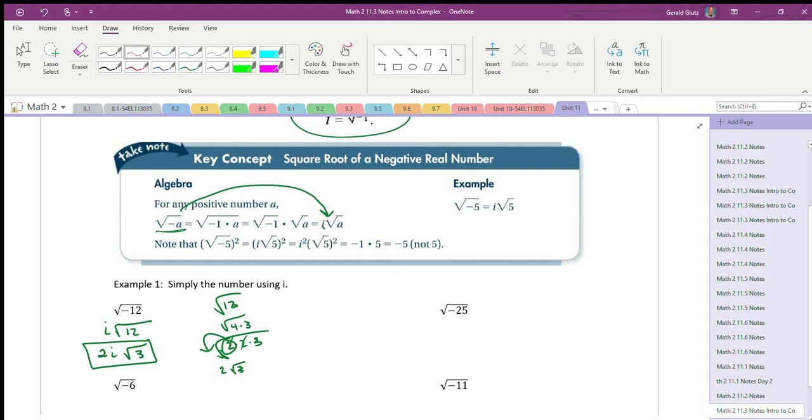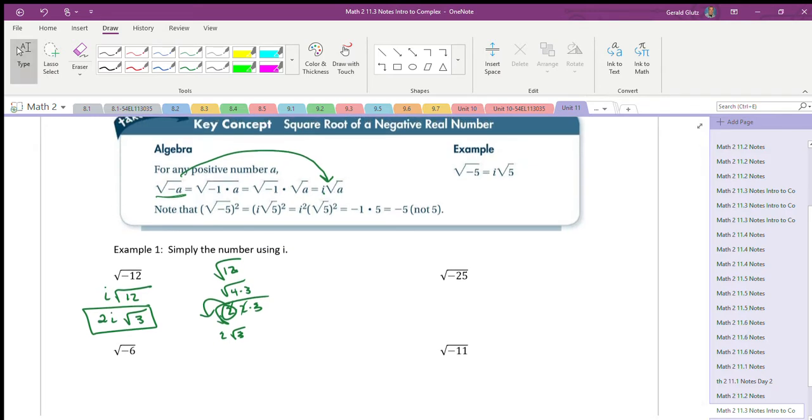That's how you deal with negative numbers. I know this probably doesn't make a ton of sense yet, so let's do some more examples. If I have the square root of -25, to get rid of that negative, multiply times i, and then I have i times the square root of 25. The square root of 25 is 5, so our answer will be 5i, because we still have that i there.